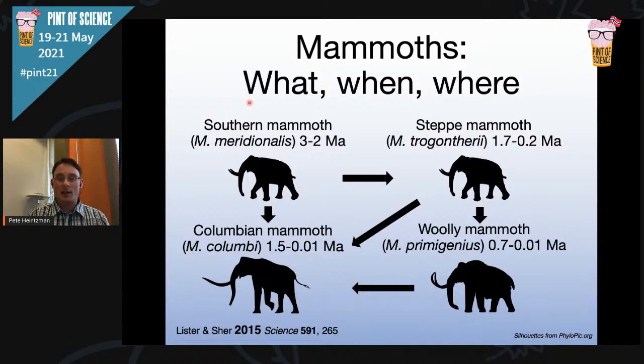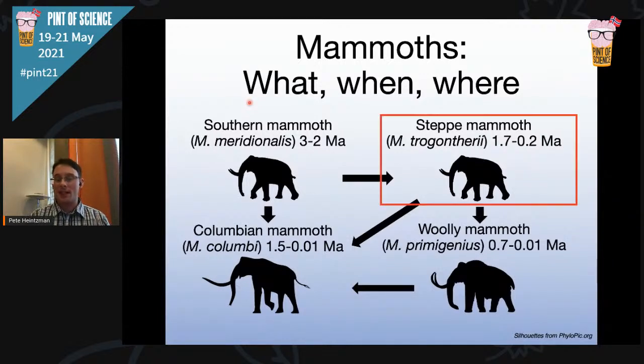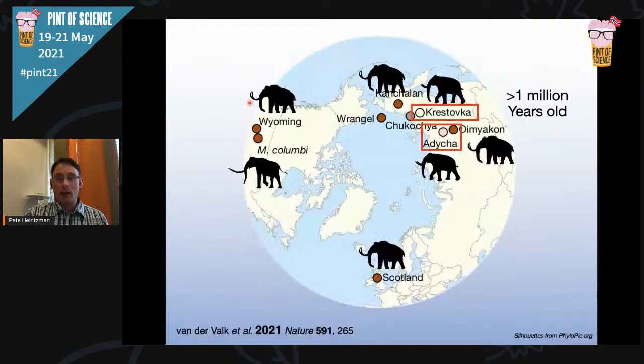So really, the way to tease apart what is the Columbian mammoth, what is the woolly mammoth, and how they relate to each other, is to get some DNA from these much older mammoths, the steppe mammoth. And that's what we did in our study.